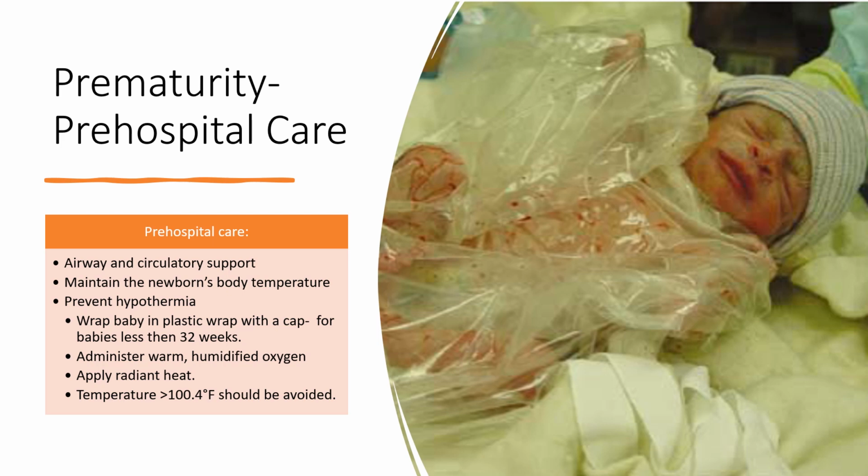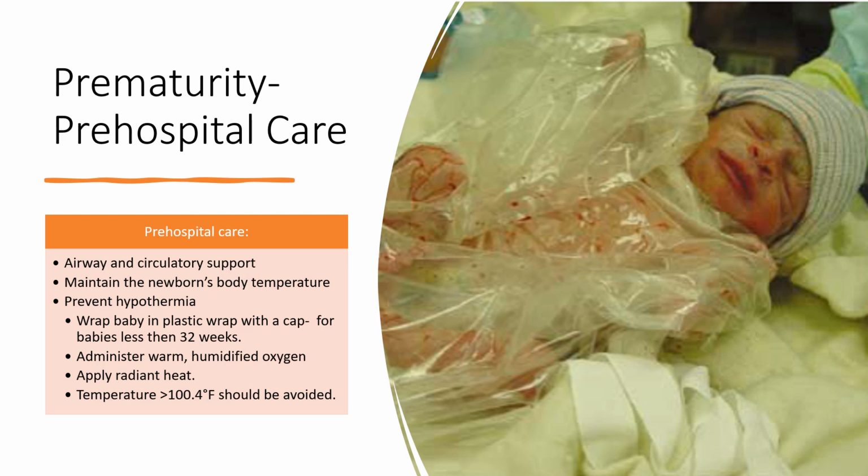Heat packs, I would definitely wrap up if for whatever reason we have to use one of those. Heat packs tend to be a little bit warmer than those thermal pads, so definitely do that. Temperatures greater than 100.4 should be avoided.